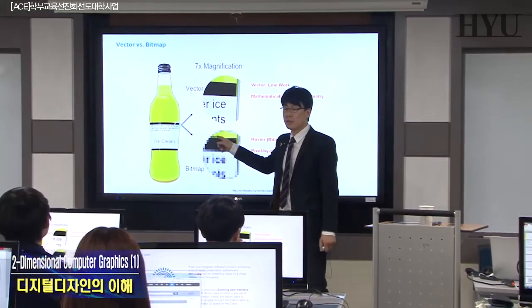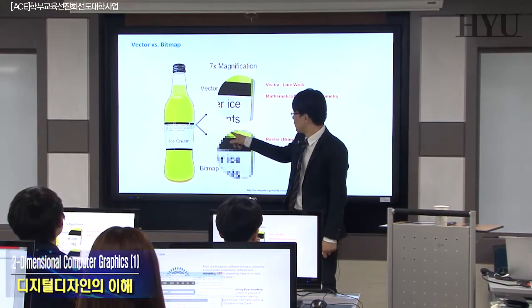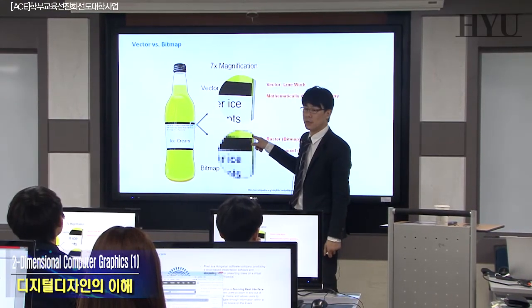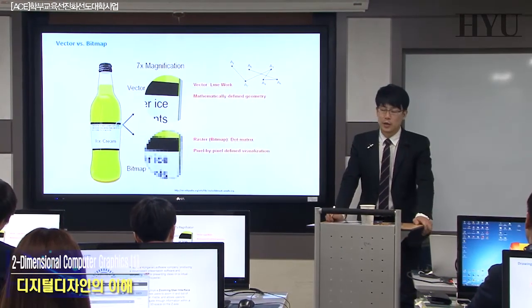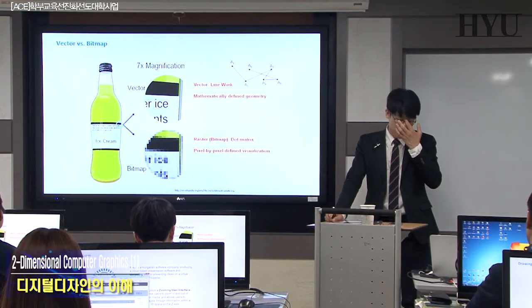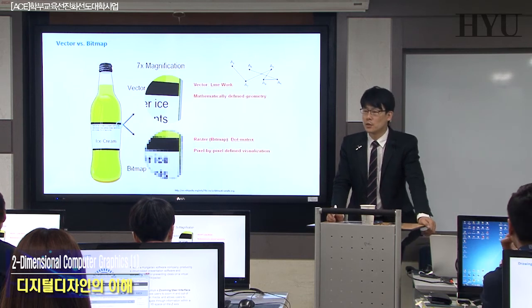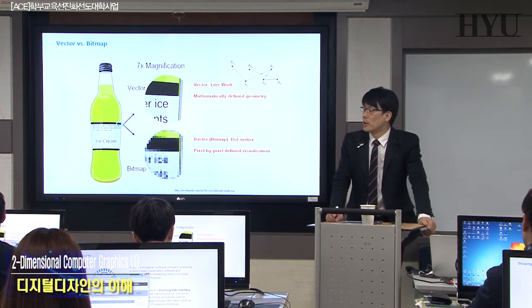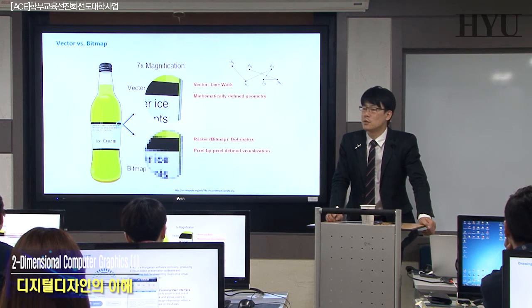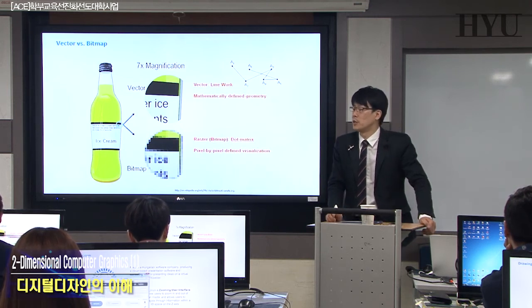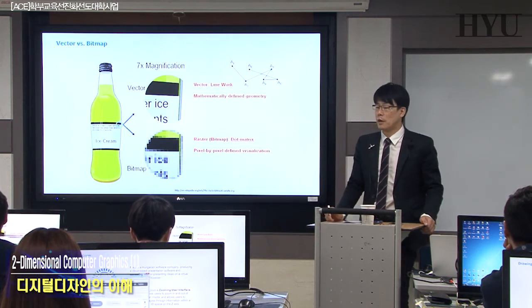The term dot here means pixel, right? Pixel by pixel defined. So with line work, usually we can connect vertices so that we can draw lines. Enclosed lines generate surfaces and so on. And we can fill colors. It's a formative, constructive approach for generating this kind of 2D graphics.